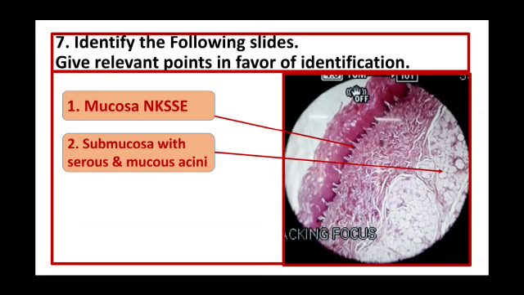So here you can see the mucous membrane lined by the non-keratinized stratified squamous epithelium. In the submucosa, there are a large number of mucous glands and serous glands. Both are visible. So try to identify the slide.